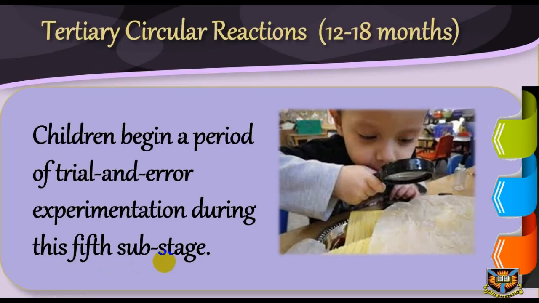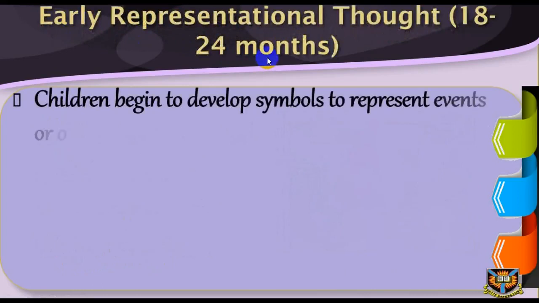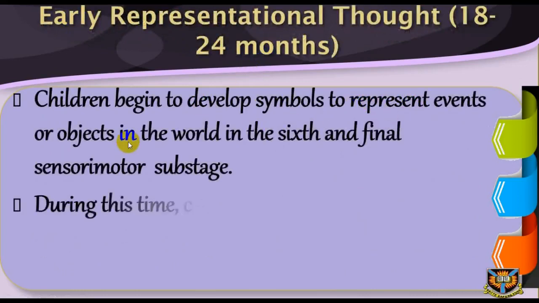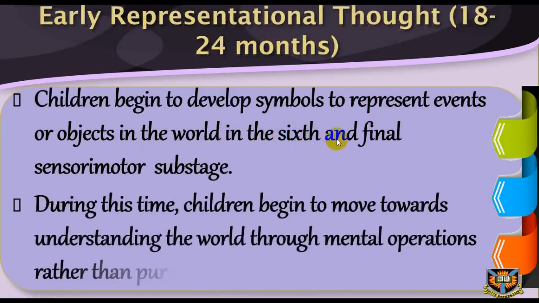Early representational thoughts, 18 to 24 months. Children begin to develop symbols to represent events or objects in the world in the final sensorimotor substage. During this time, children begin to move towards understanding the world through mental operations rather than purely through actions.